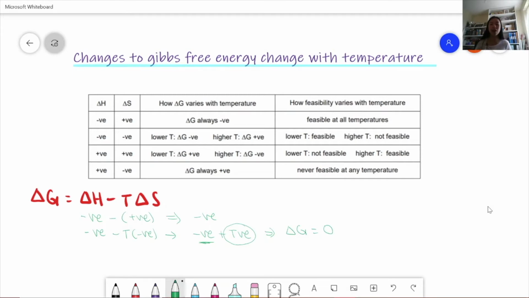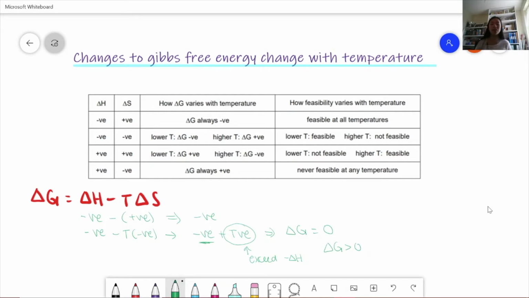So which means that when we have a very, very high temperature, that means that this will exceed the negative, so the negative delta H. And what will happen is that we'll have a negative plus a very, very big positive. So then delta G will be bigger than 0, making the reaction unfeasible.